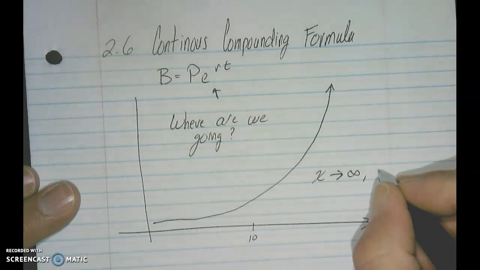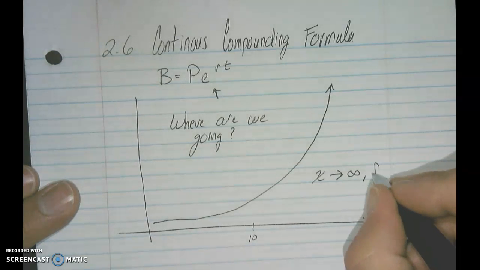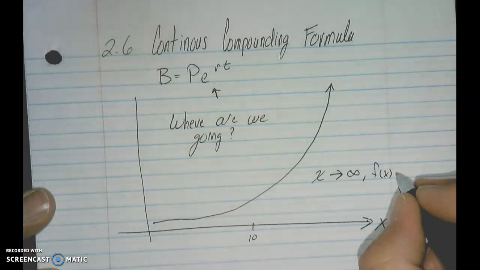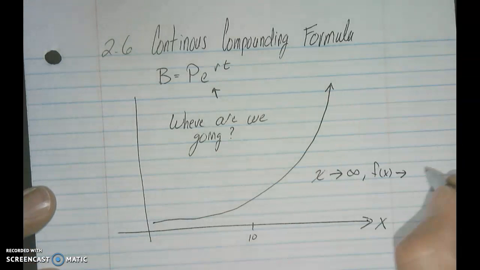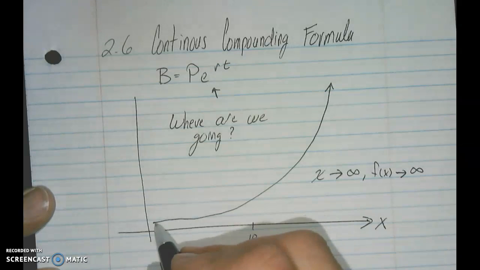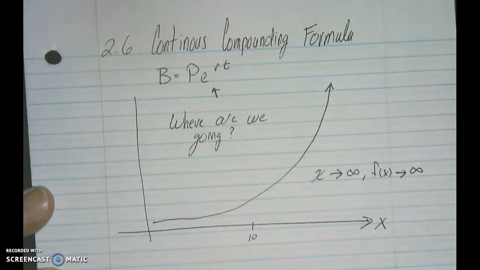We're saying that f of x, what was f of x again? That's just a fancy way of saying y, correct? Okay, so f of x approaches infinity. And why is it approaching infinity? Well, because the graph is curving up. Excellent, good job, all right?